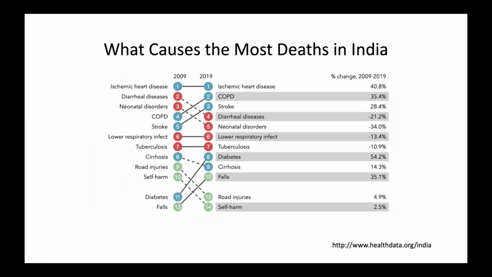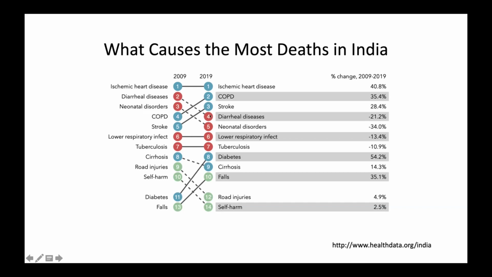You must know what the different causes of death are worldwide as well as in India. Ischemic heart disease, or coronary heart disease, or coronary artery disease, is the number one killer in India. You might think it must be malnutrition or infection, but remember that infectious diseases and neonatal mortality are coming down.